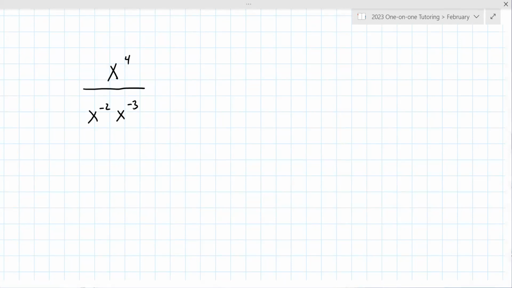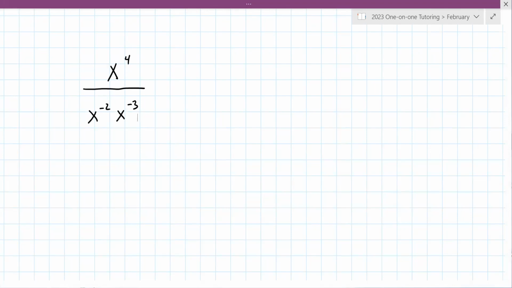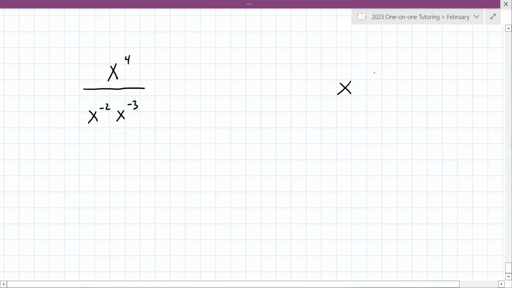And this time I would work on the bottom first. So I got x as my final answer. Just plain x, no exponent.